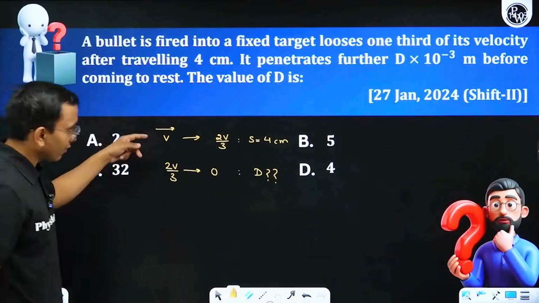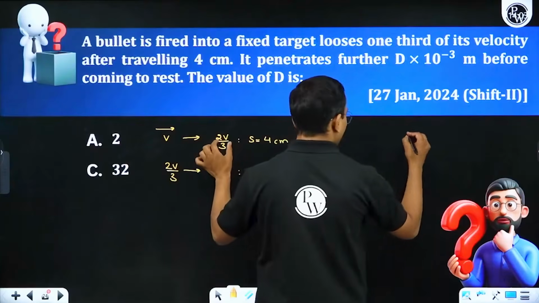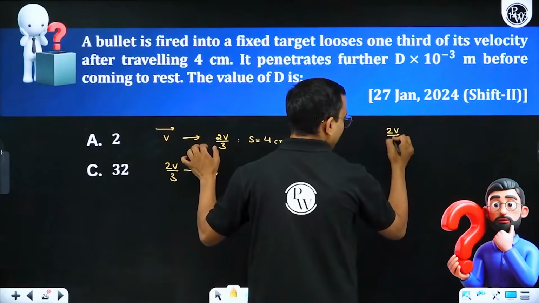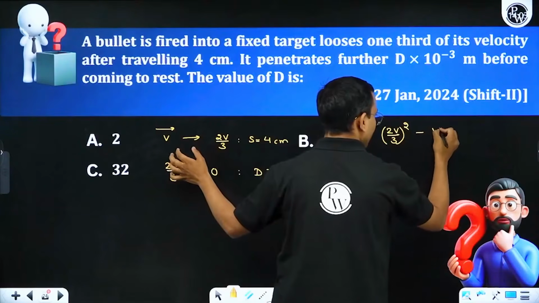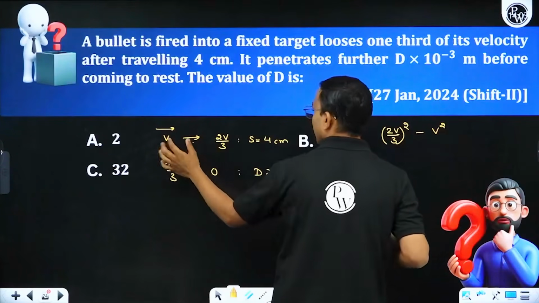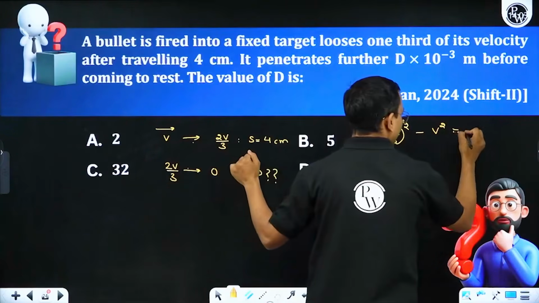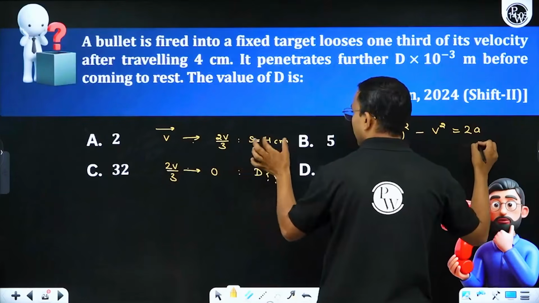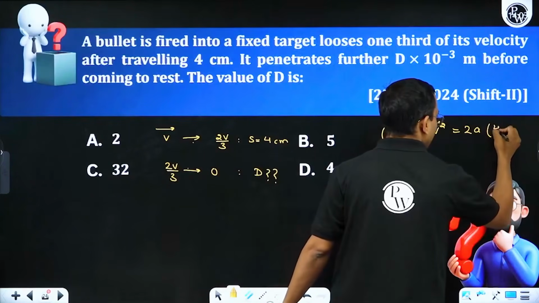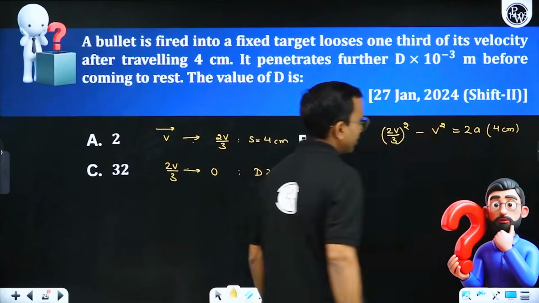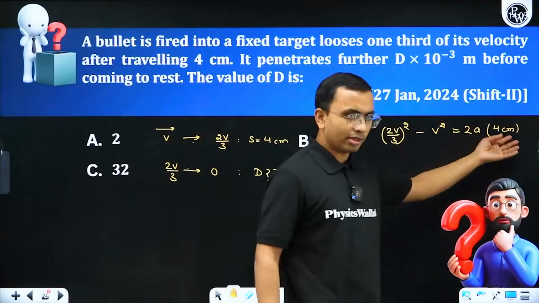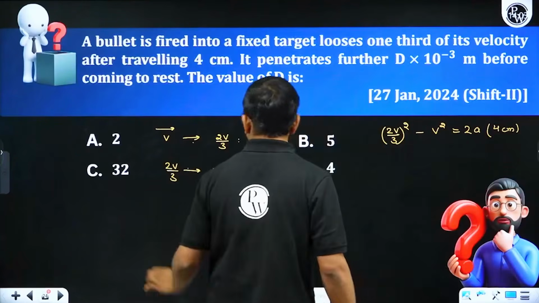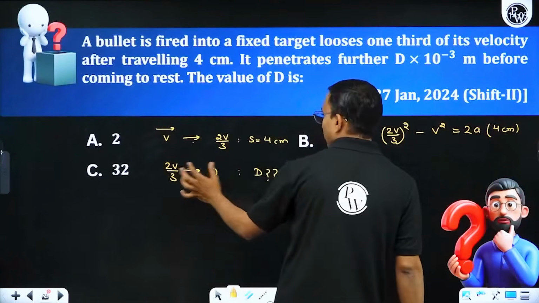In the first condition, the final velocity is 2v by 3, so (2v by 3) square minus initial velocity, what is this? This is v, so minus v square, is equal to 2 into acceleration into the distance 4 centimeter. You may say, sir, why are you not writing that in meters? I'm just writing the unit also here, considering that. Okay, 4 centimeter.